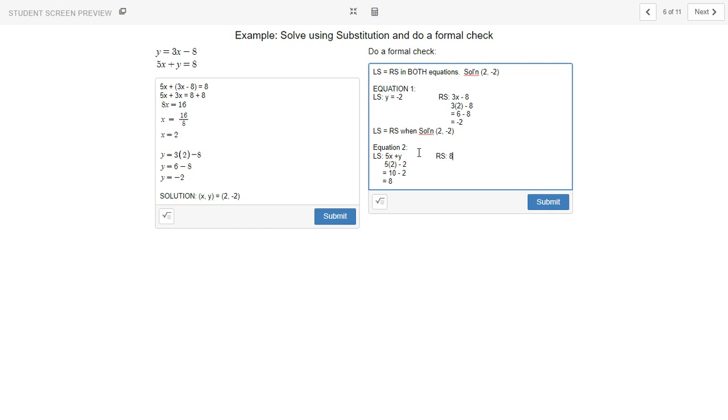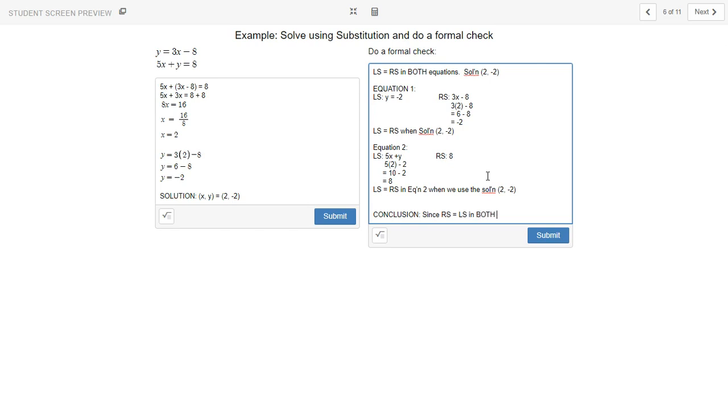Right side is equal to 8. Hey, left side equals the right side in equation 2 when we use the solution 2, -2. So our conclusion, since right side is equal to left side in both equations for the point 2, -2, we know that our answer is correct.